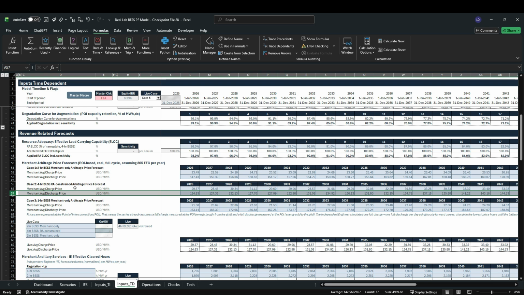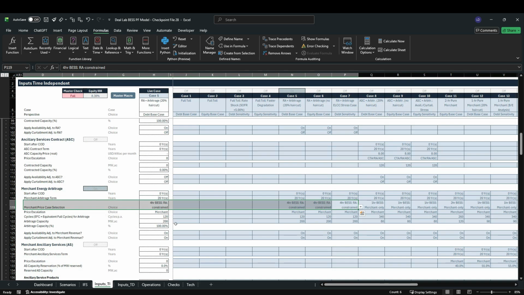And that's because with our resource adequacy contractual obligations, we need to make sure that our battery is available under the contract when it's needed, which effectively leads to a less optimized charging and discharging path, meaning that the prices for the charging cannot be minimized as much, and the prices for discharging purposes cannot be maximized as much, which ultimately leads to a spread that is lower than in a fully merchant case without any resource adequacy restrictions.